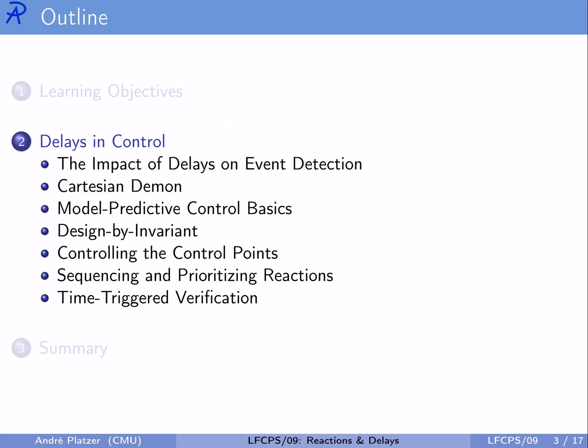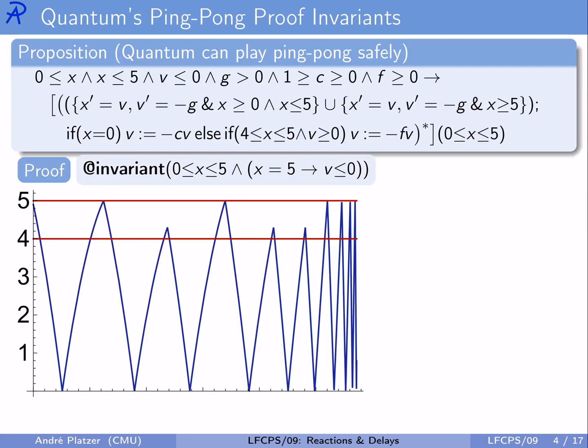Let's understand time-triggered control. Let's look back at our bouncing ball models and understand the impact that delays have on controls. So here was our verified, provably safe ping pong ball for the vertically bouncing quantum.